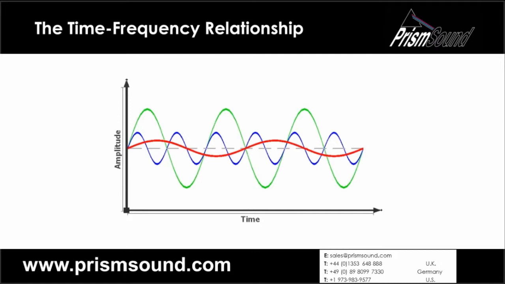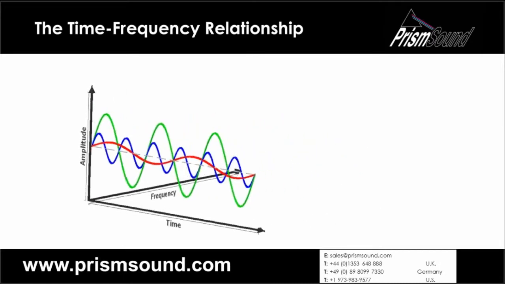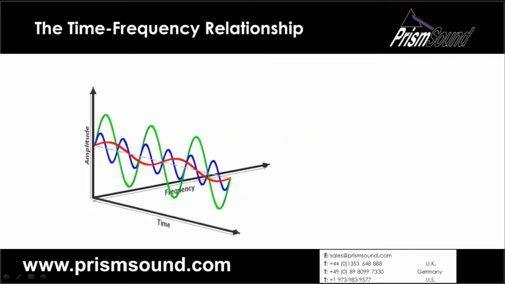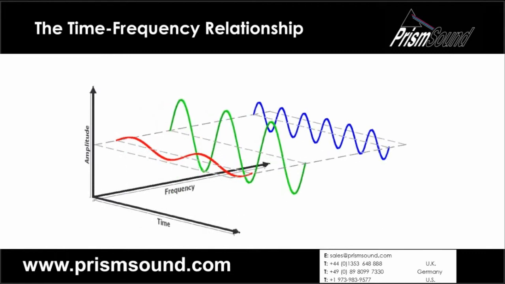So what I've got here is a little animation. If you had this graph here with your individual sine waves on, and you added a z-axis which you marked as frequency, and you then plot your individual waves according to their frequency, you'd get something similar to this graph here.